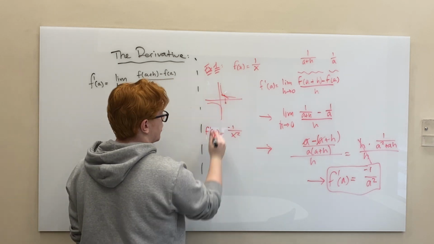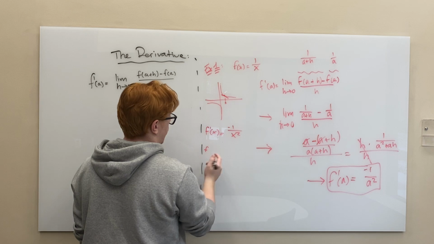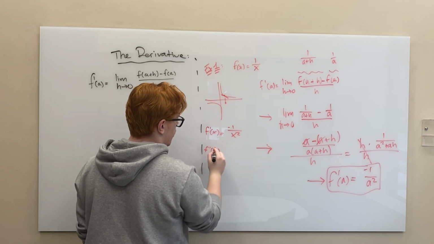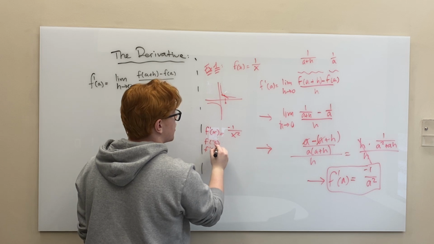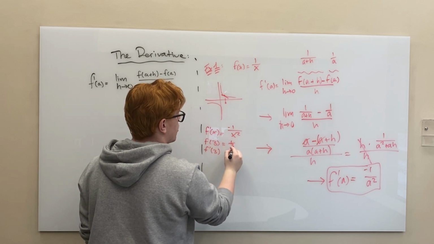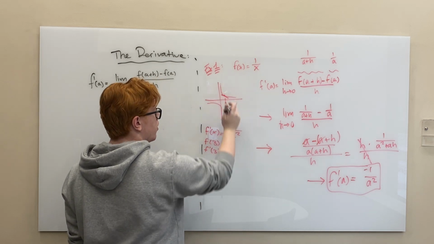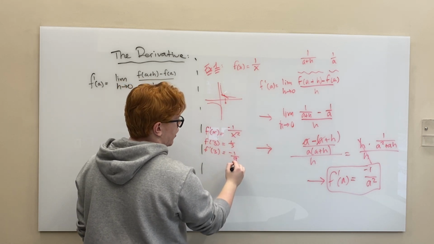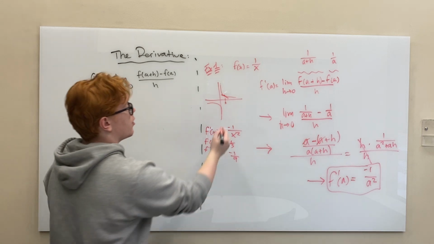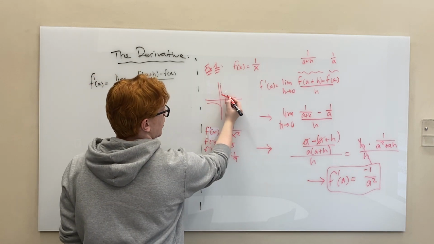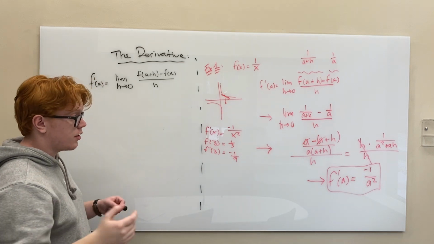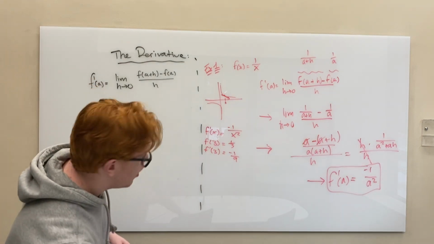If I want to find the slope at 3, f of 3 is equal to 1/3, so at 3, 1/3, the slope is equal to negative 1 over 9. That checks out because we have a negative slope, and so that's one good example.